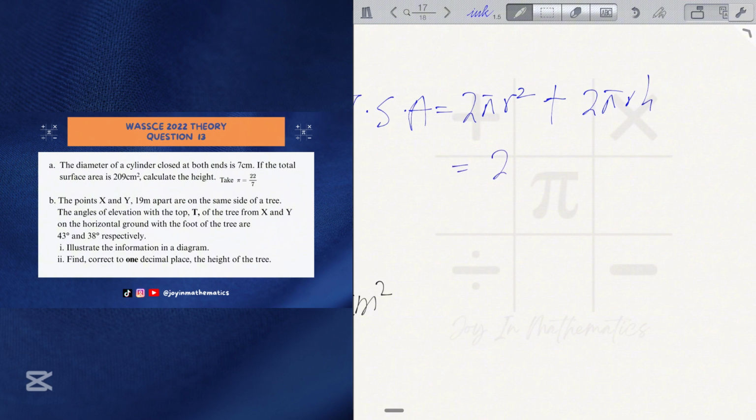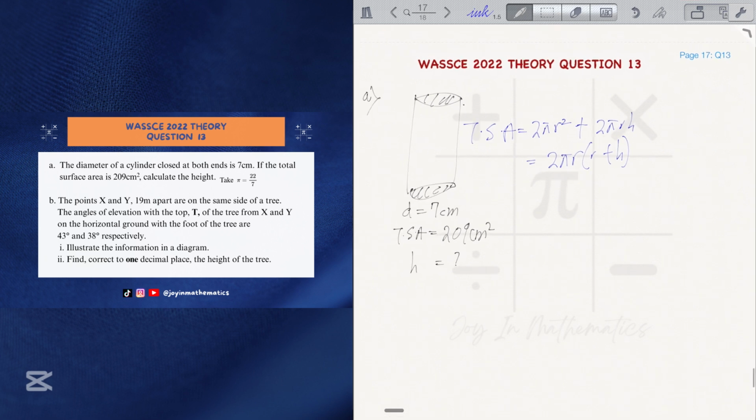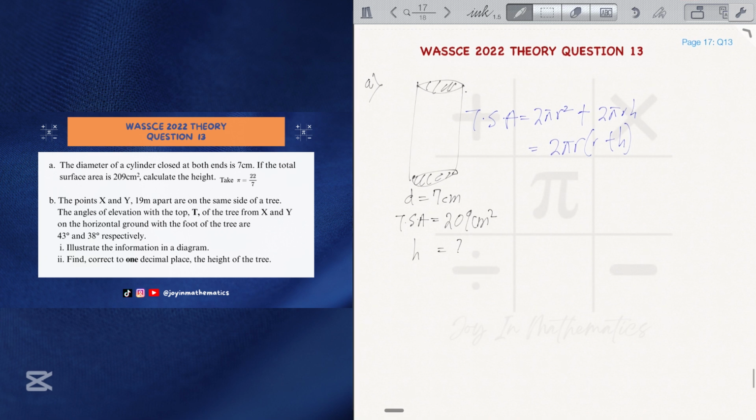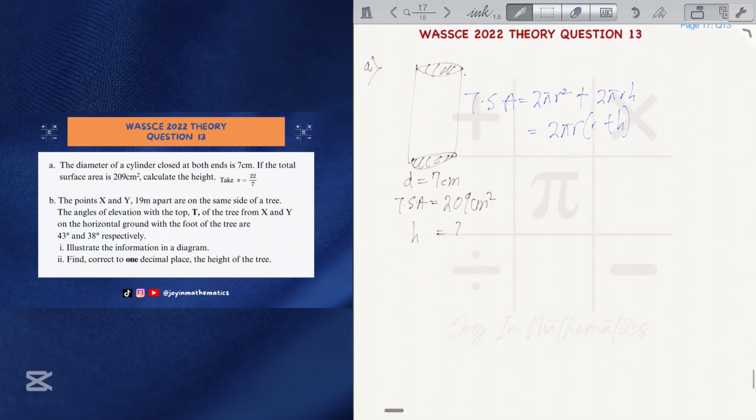So you factorize this with 2 pi r, we will have it multiplied by r plus h. So we'll be applying this formula now because it is closed at both ends. If it is open at both ends, I believe you know what the formula will be. And if it is open at just one end, closed at the other end, I believe you know what this formula will be. Just refer back to the lesson video that we dealt on this.